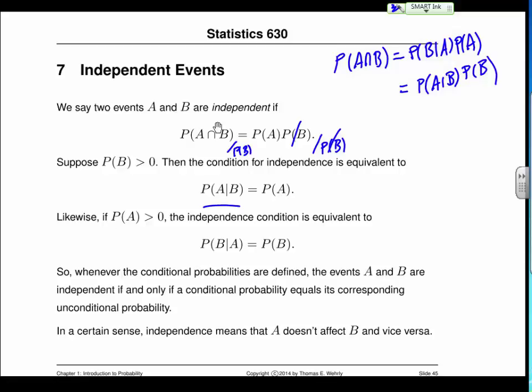Now, sometimes in forming a model, we just assume A and B are independent. So hopefully that assumption is justified in the way that the real world behaves. Now, I think it was the Space Shuttle Challenger disaster. There was an engineering study where they tried to calculate the probability of a failure. They had a chain of events, and they made the assumption of independence. What that does is you multiply all the probabilities and you get your final probability.